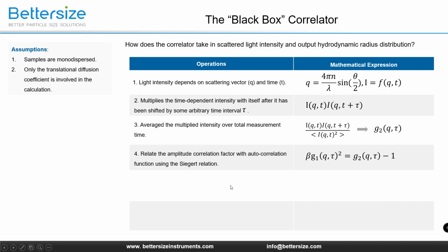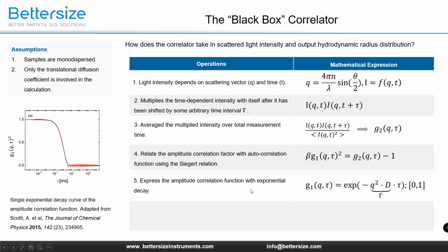G1(q, τ), on the other hand, single exponentially decays from 1 to 0, with 0 meaning there's no correlation at all between the signals at time t and time t plus tau, and 1 meaning perfect correlation. Here, the product of q squared and diffusion coefficient D is called the decay rate, represented by the symbol gamma.